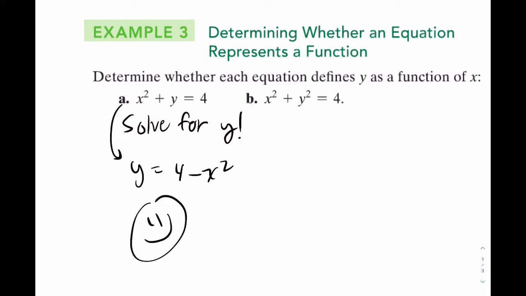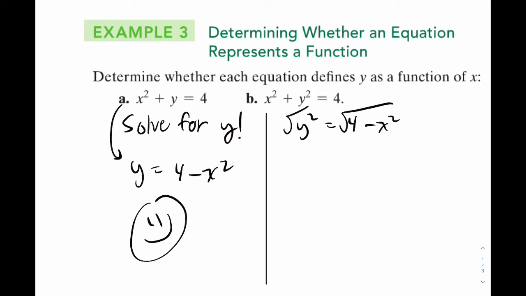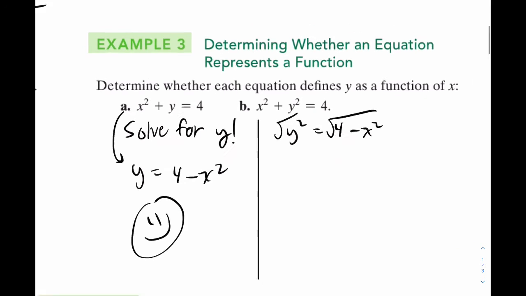Now that might seem awkward because you're thinking, well, I can always solve for y. What could possibly make it not a function? I'm going to show you B. For this one, when we solve, let's see what happens. Notice how when we square root this, something weird's going to happen. Recall from your algebra class that the root of y squared is not y.